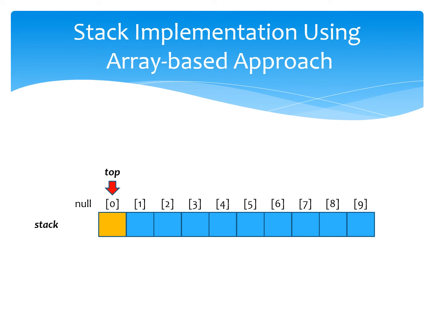When another object is pushed into the stack, we increase the top variable by 1 and assign the object to the element pointed to by the top variable again. When an object is popped out of the stack, we retrieve the element pointed to by the top variable and then decrease the top variable by 1.